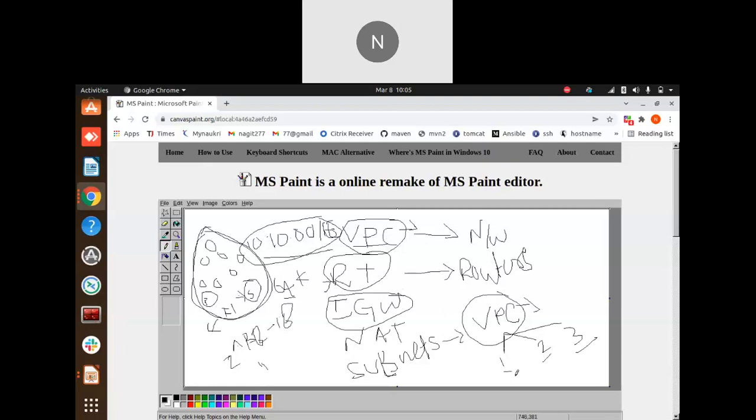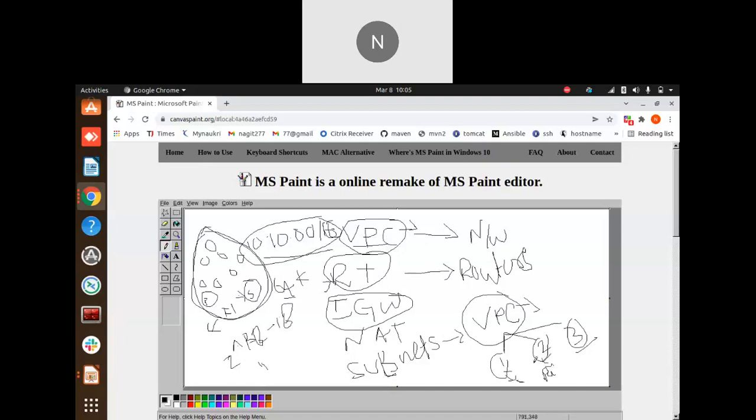Just understand what is VPC, what is subnet, and why we need to create subnets. This is subnet 1, subnet 2, and subnet 3. Each subnet will have a different application. This will have the shopping kind of things, and this will have the payments, like Paytm and other banks have payment options. This is a payment application.